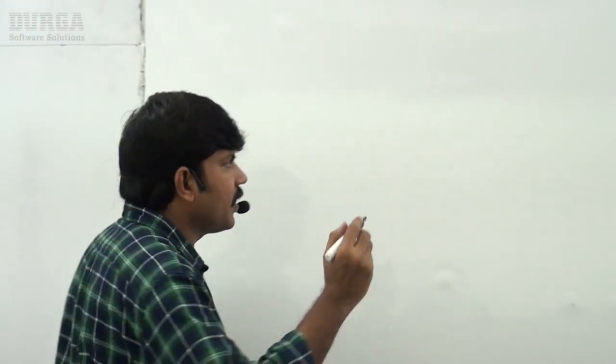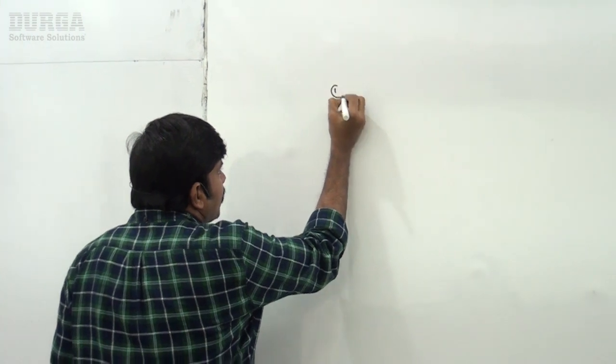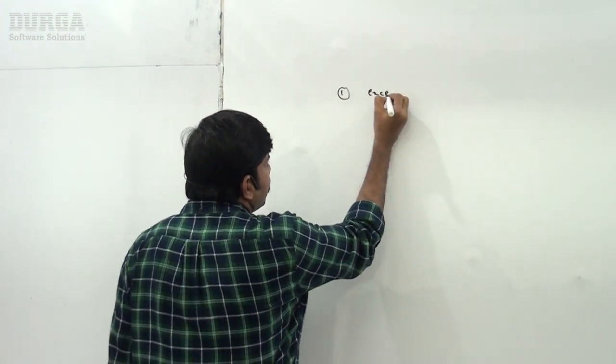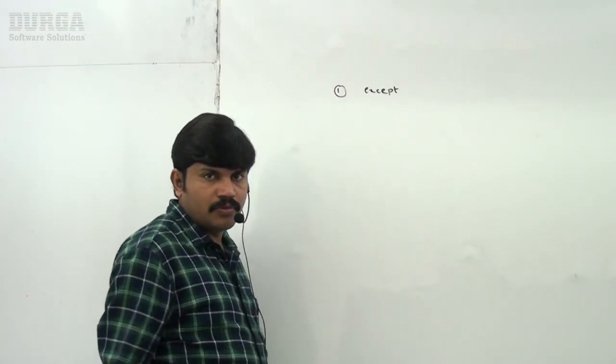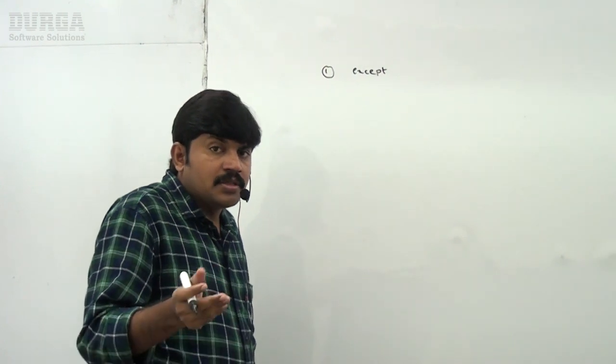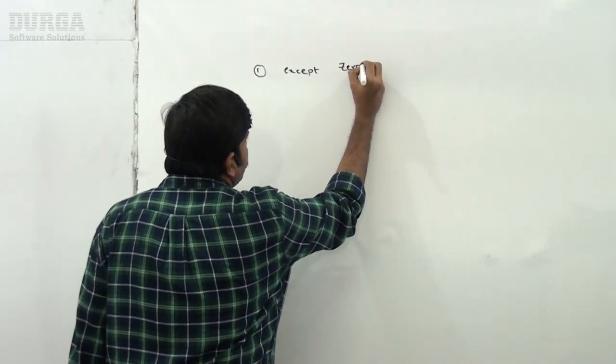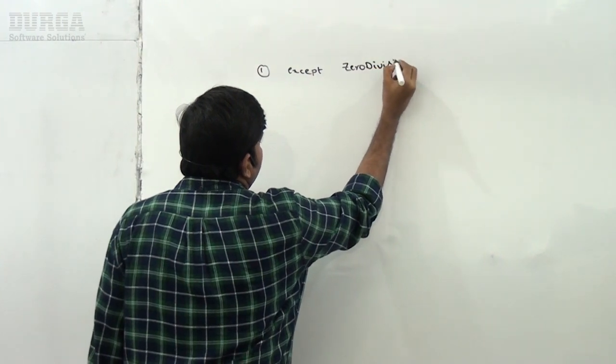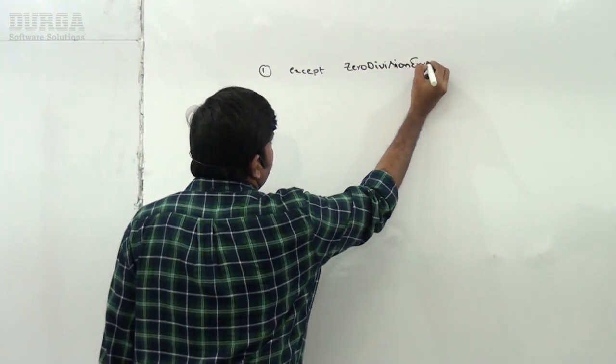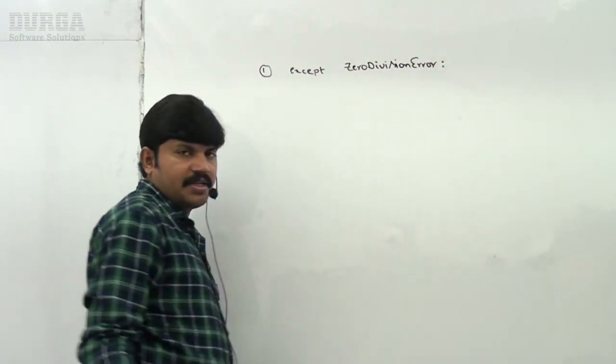Okay, here just observe very carefully. Here I want to write an except block to handle ZeroDivisionError: except ZeroDivisionError. Perfectly valid.